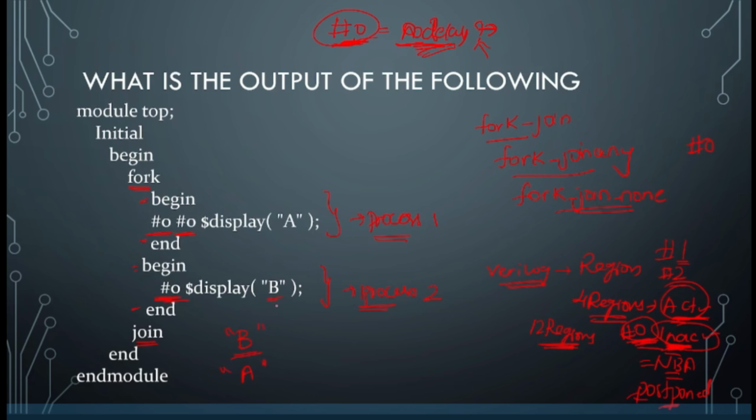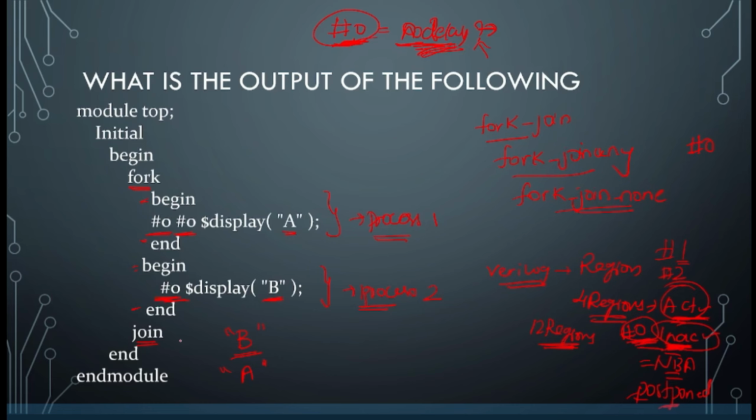Why? Because B is given only 1 #0. As soon as all the no delay statements are executed, it will go for B and then for A. Got my point? This is how it works.